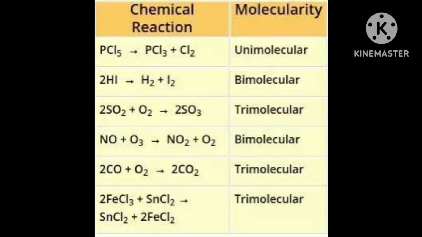Now suppose A and B both react, and both are responsible for the product, correct? Then one molecule you have taken for both, so molecularity is 2 and order of reaction is also 2.